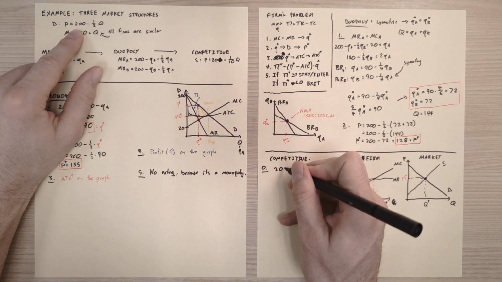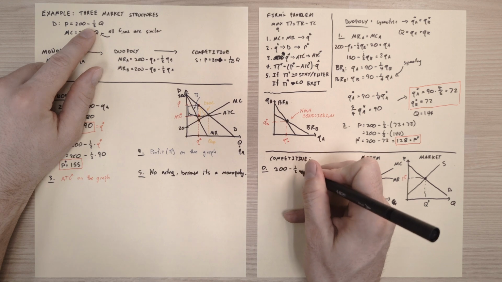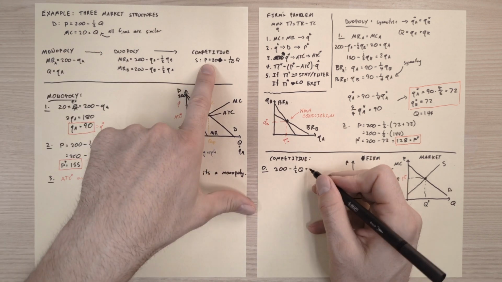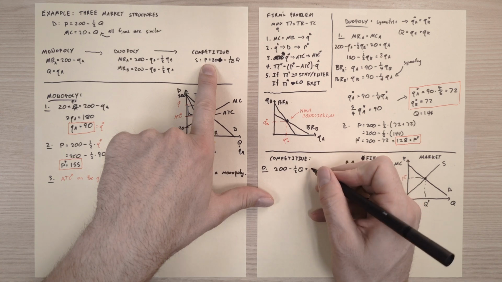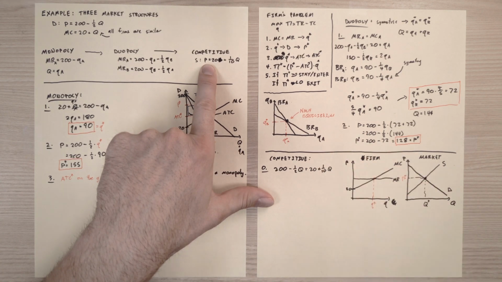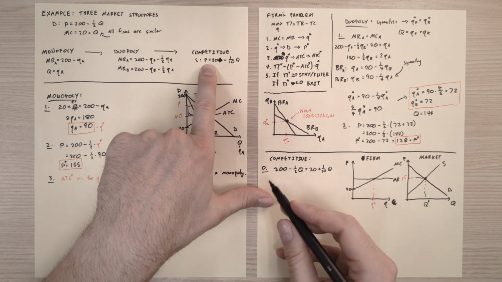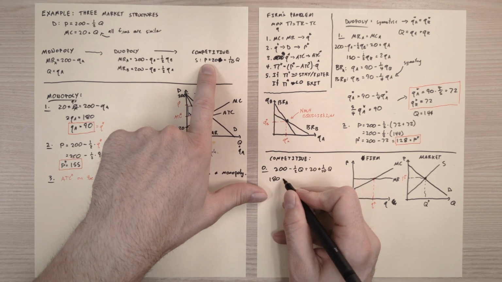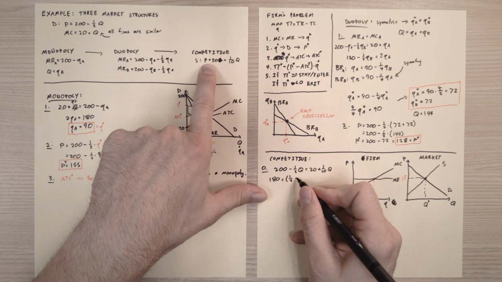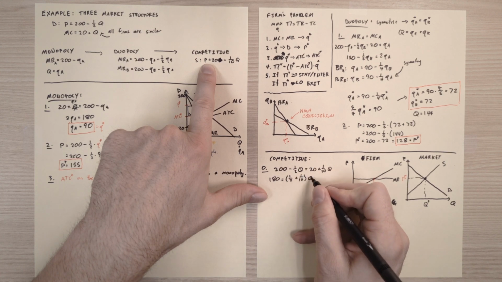So we have 200 minus 1/2 Q, and we're going to set that equal to the price from the supply curve. So this is 20 plus 1/10 Q. All right, so we have 180 is equal to 1/2 plus 1/10 Q.